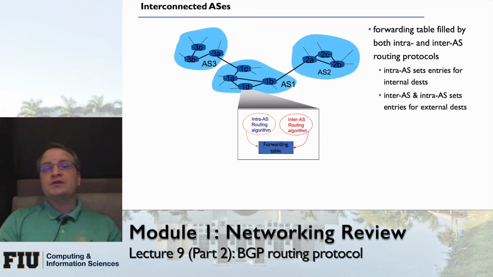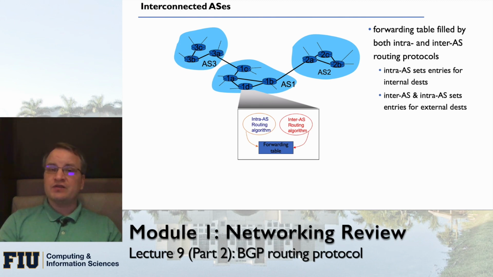So one thing to remember when you are talking about the routing tables inside the networks: as I highlighted on the slide, the actual forwarding or routing table is composed of entries that came from different places.